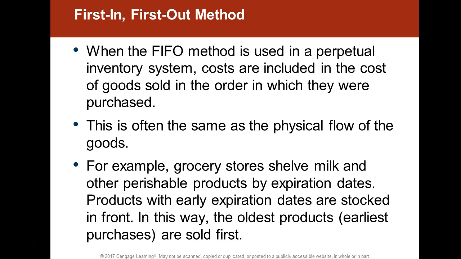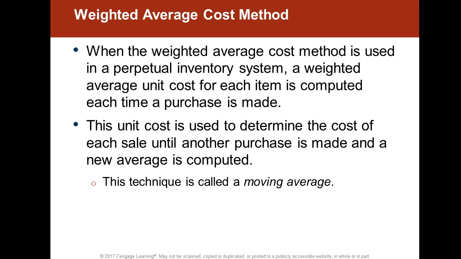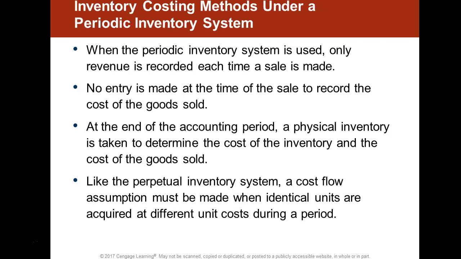My recommendation would be to use the method that represents the flow of goods applicable to your organization. But you will notice with these methods, depending on rising or falling prices, sometimes a very significant difference in the ending inventory balances and your gross profit or your cost of goods sold.